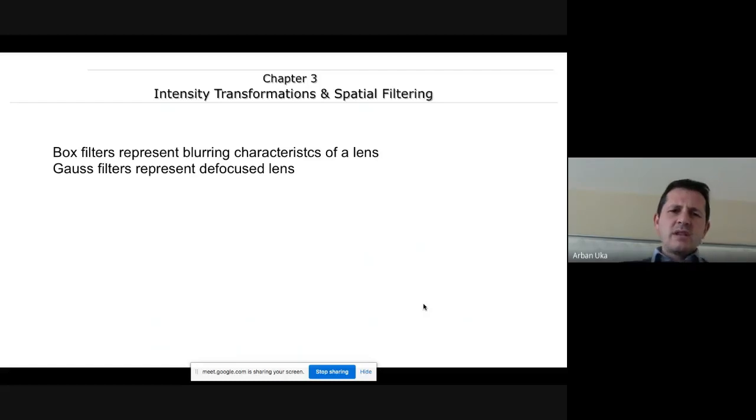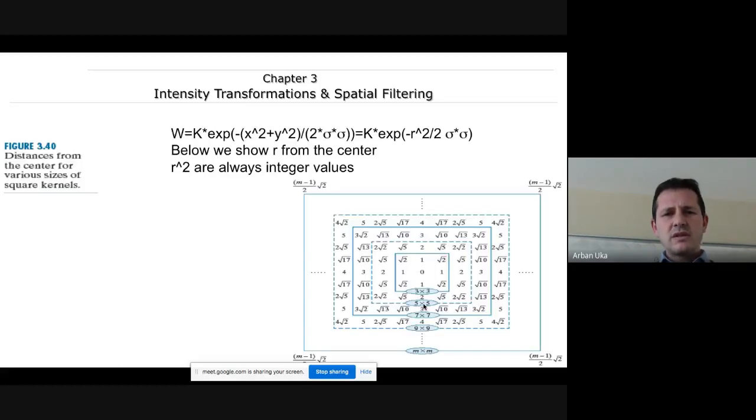These box filters and Gaussian filters can represent, if someone is taking an image from a camera or from a microscope, the blurring of a lens. If there is blurring, you show it with box filters. But Gaussian filters can be used to represent a defocused lens. If a lens is not focused, you see a smooth and almost acceptable type of image. So I just wrote it here; if anyone is interested, you can keep this as a reference.